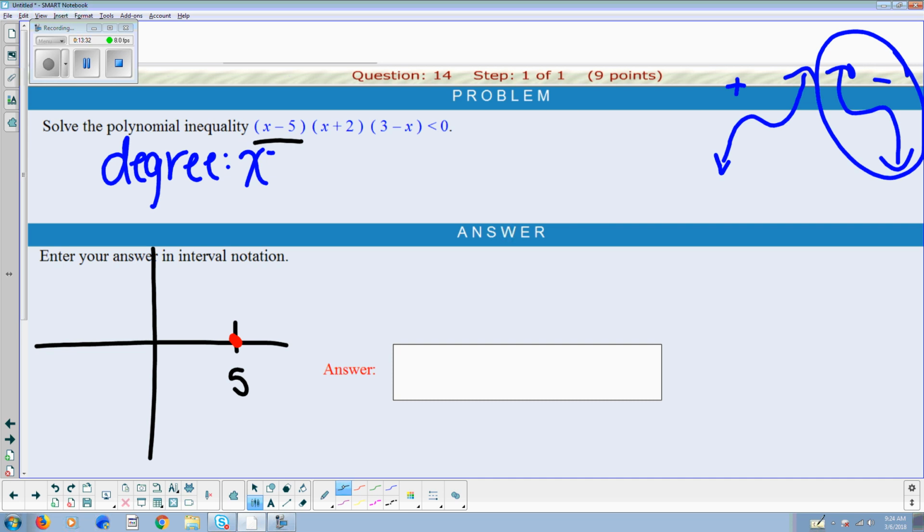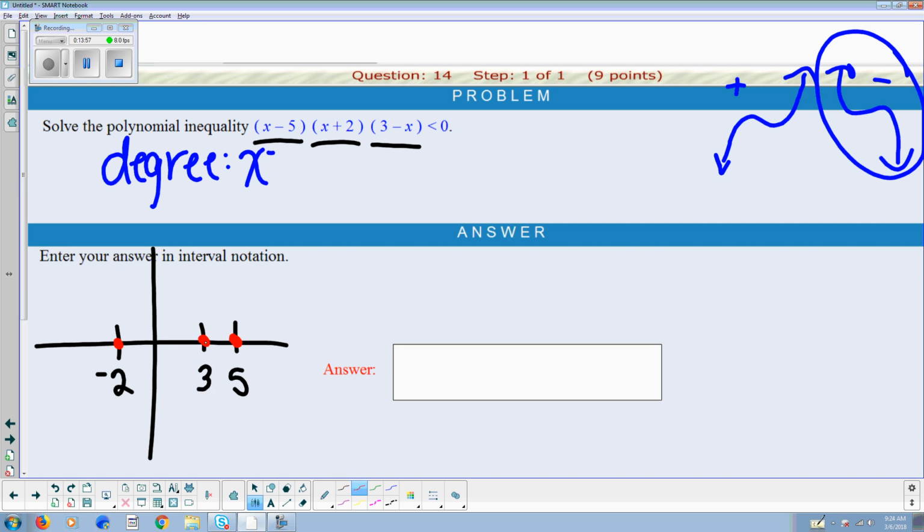What 0 does that factor correspond to? -2. So at -2, there's going to be another 0. And what 0 does that factor correspond to? +3. So at 3, we'll have another 0.